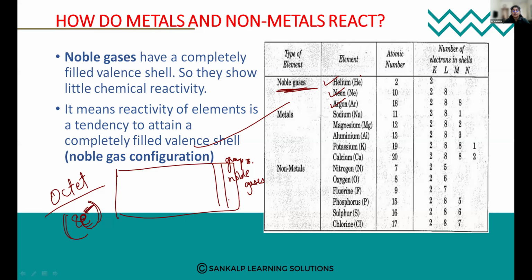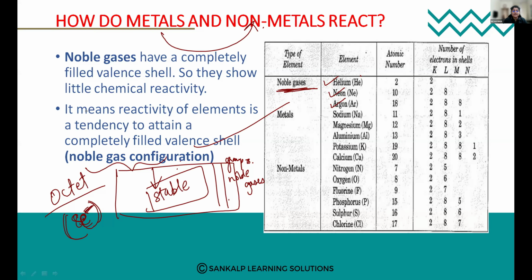So whenever any metal reacts with non-metals, it will try to complete its valence shell. It will try to attain the noble gas configuration. Why? Because this is very stable. When you attain the noble gas configuration, we say that the compound formed is a stable compound.